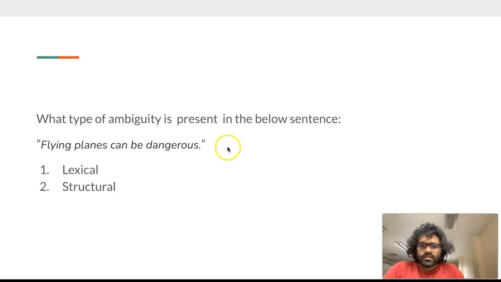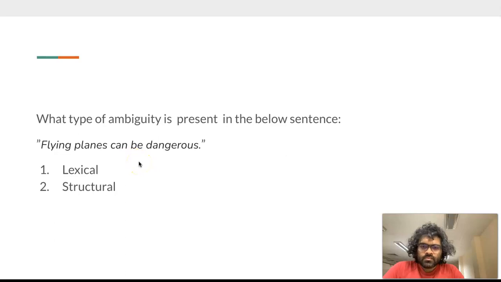And obviously now we are getting to this. What kind of ambiguity is this? The flying planes can be dangerous. Is it lexical or structural? To parse this kind of sentence, systems face great difficulty, because such sentences can be parsed multiple ways.